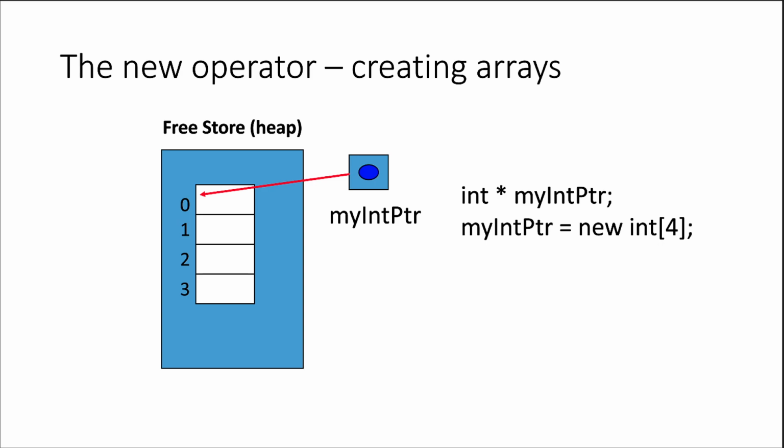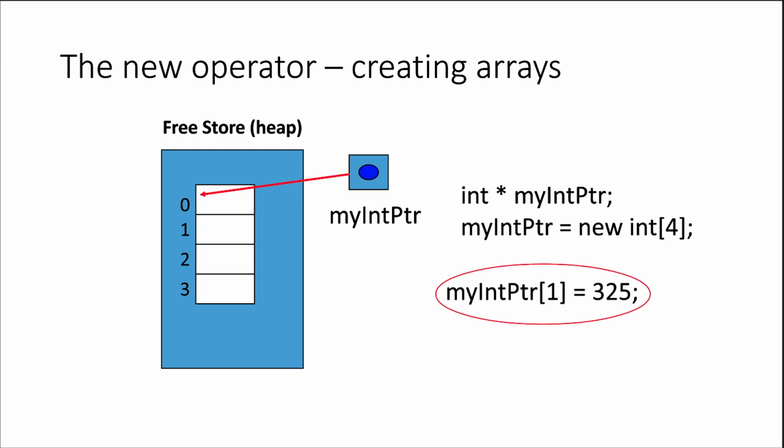Just like this, a simple example. The address of the first byte of the first element will be stored in the pointer, and the remaining will be following that. So if you simply write my int ptr of 1 equal to 325, for example, 325 will get stored in the second element, right?